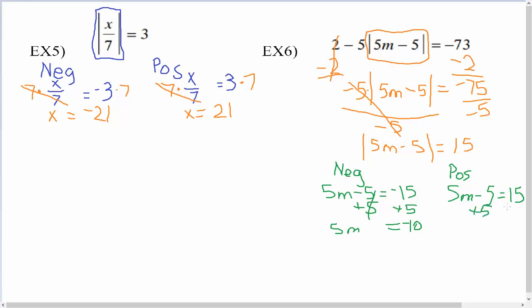We're adding 5 both sides. That's going to equal 20. So finally, to get rid of the coefficient, to eliminate that, we're going to divide by 5 everywhere.